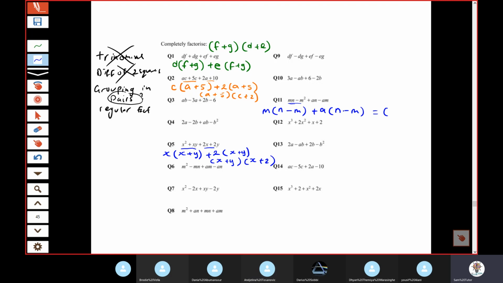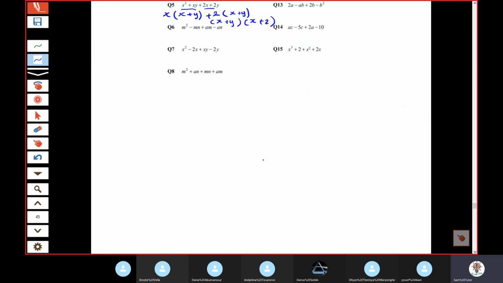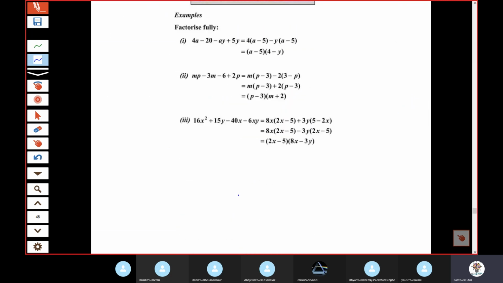Group the ones that are the same. Oh yeah, N minus M and then M plus A. All right, but look at the problem. So very easy, but look at the problem that you're going to face.